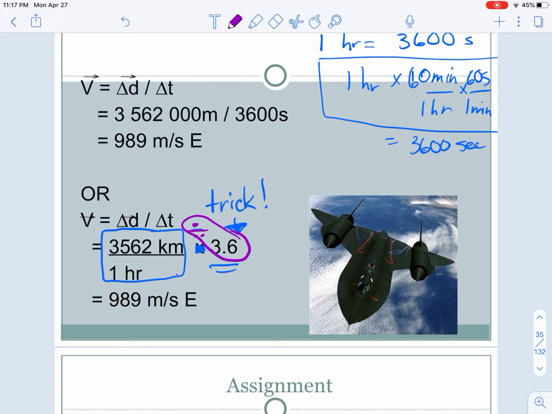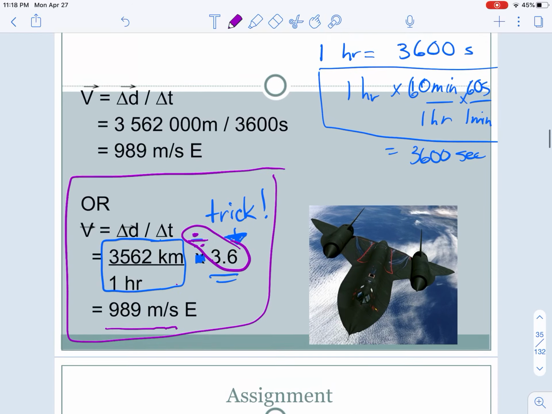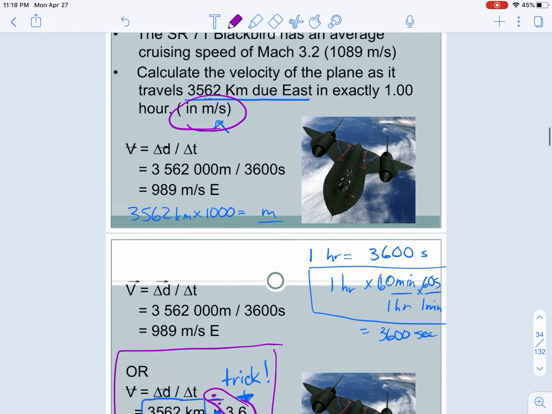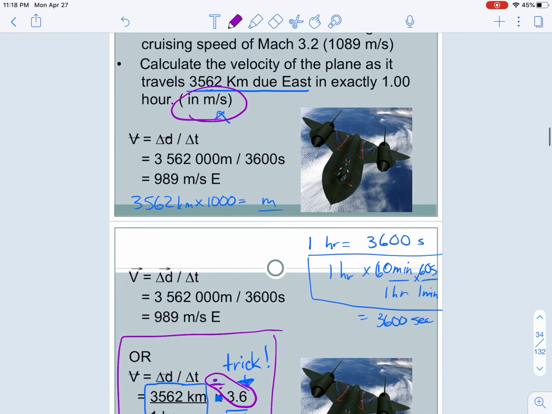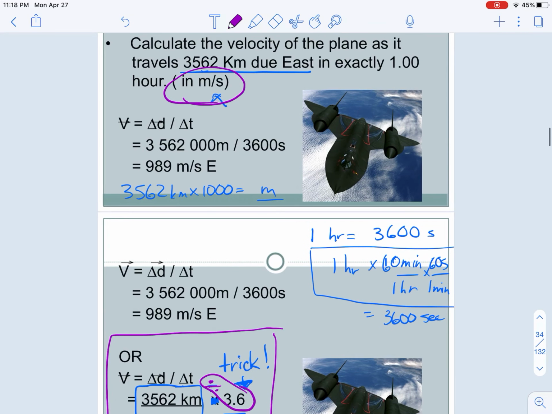When you divide by 3.6, which was my trick earlier, you will get the answer in meters per second. This would be the very, very easy way to do it: take your answer in kilometers per hour, divide by 3.6, and get your answer 989 meters per second, because they were going east.